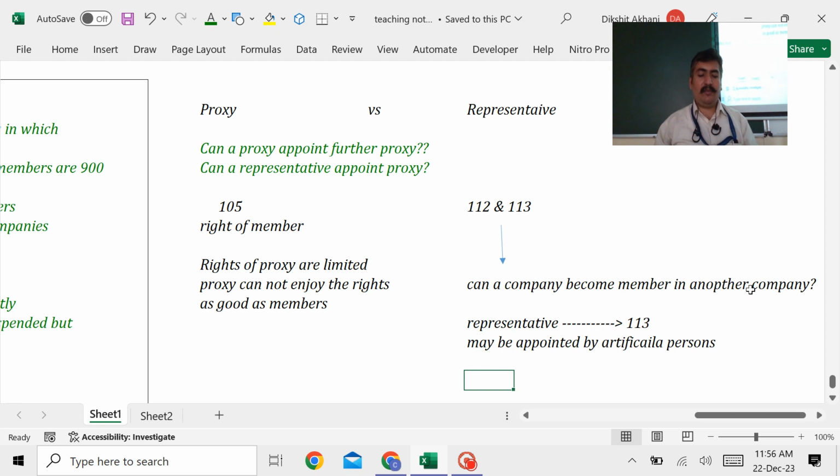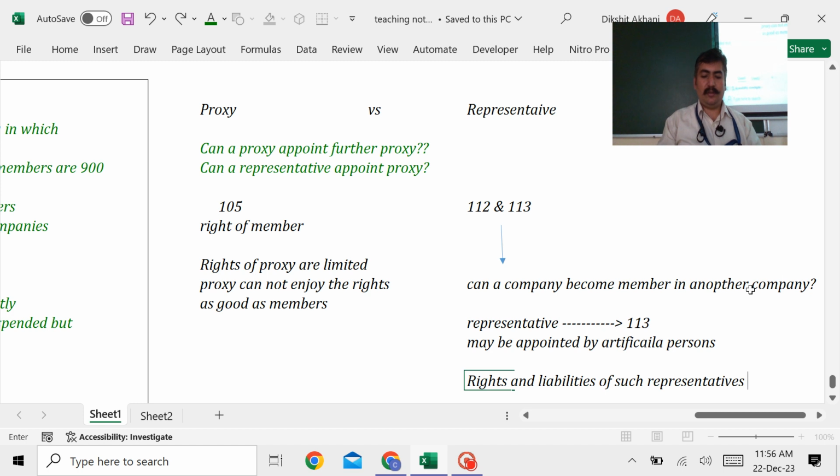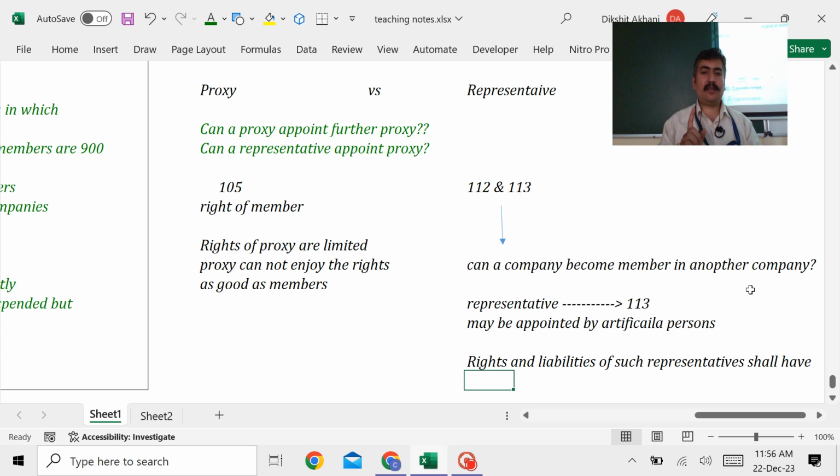One of the interesting legal parts is the rights and liabilities of such representatives. This is a very serious statement I'm saying: they shall have the same rights and obligations like a member.